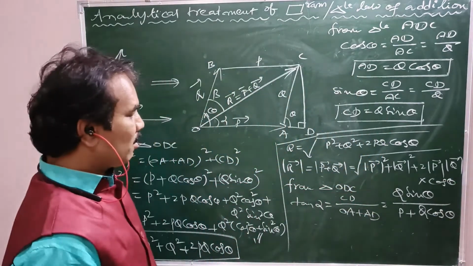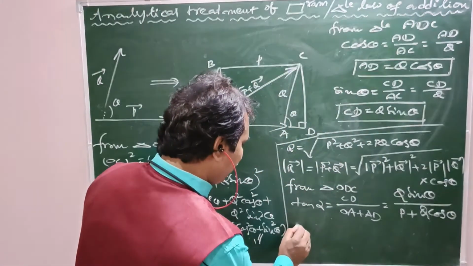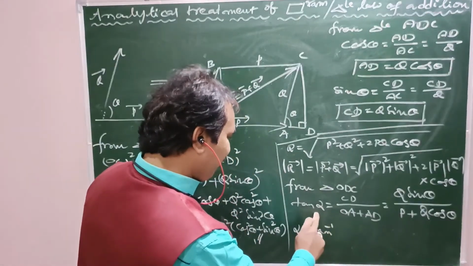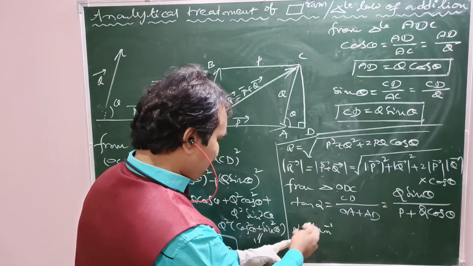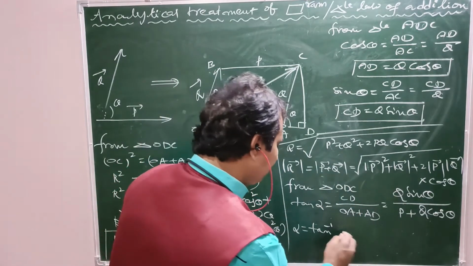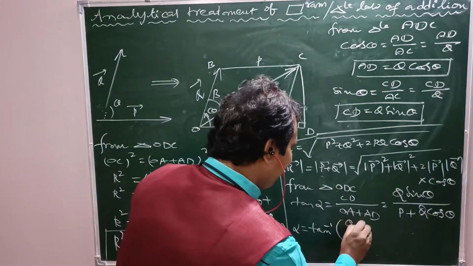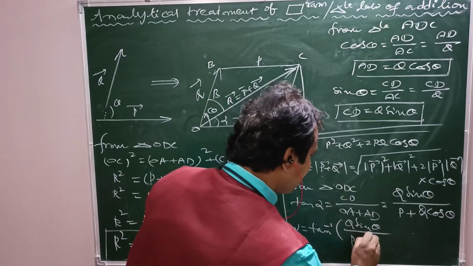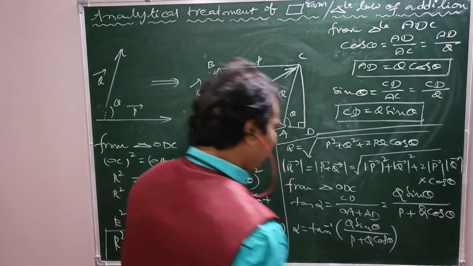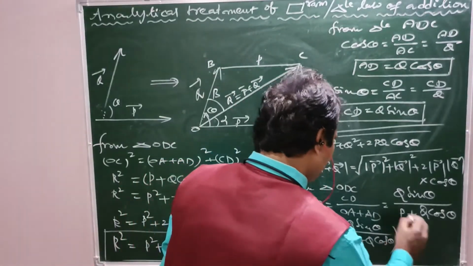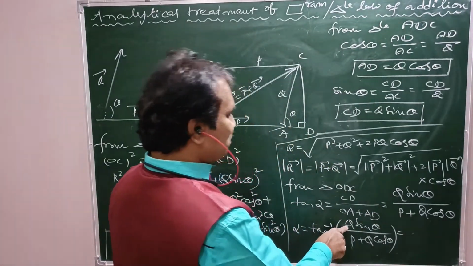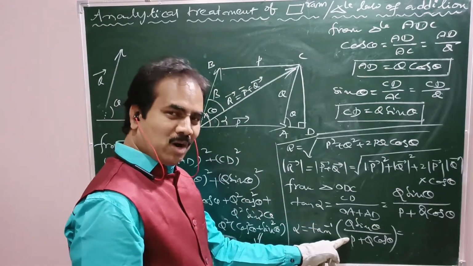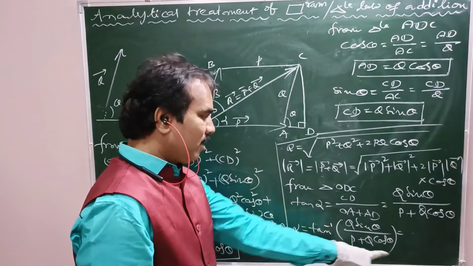Right? Now alpha equal to tan inverse of, make it subject alpha, that is tan inverse of Q sin theta by P plus Q cos theta. Same can be written as Q means mod Q bar sin theta divided by P means mod P bar plus Q means mod Q bar cos theta also.